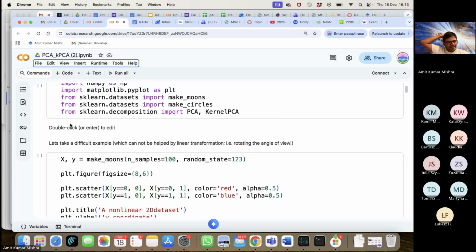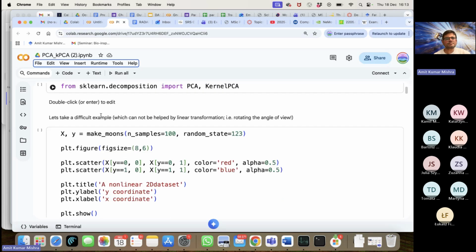But in reality, you don't really have to take all the steps, because most packages have ready-made commands or functions for PCA. So scikit-learn, sklearn, has PCA and kPCA commands that are very easy to use.